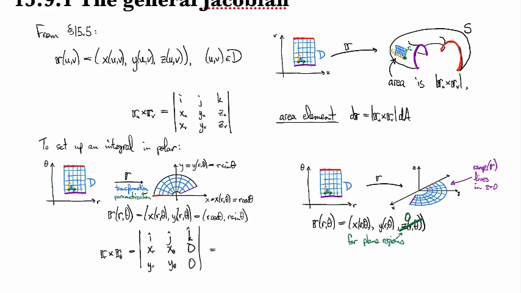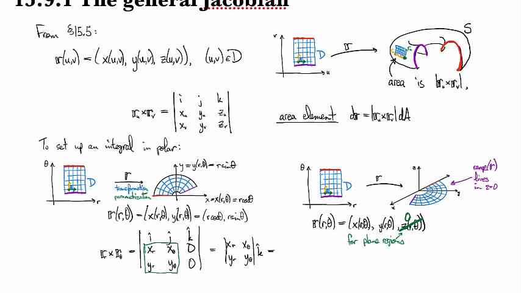So when we work this out from the cross product formula, we just end up extracting this subdeterminant, x_r x_theta, y_r y_theta, times k hat.